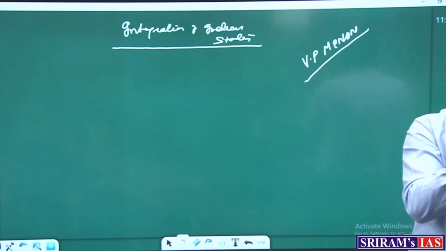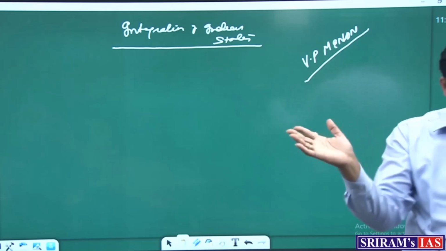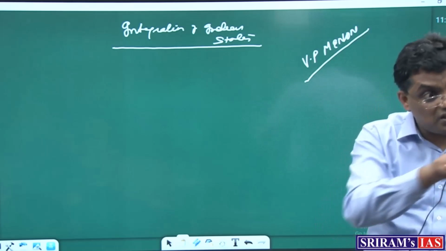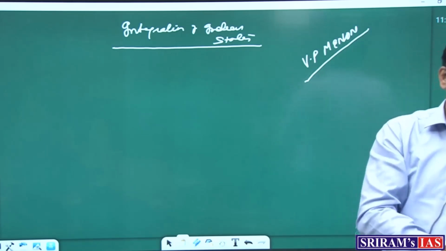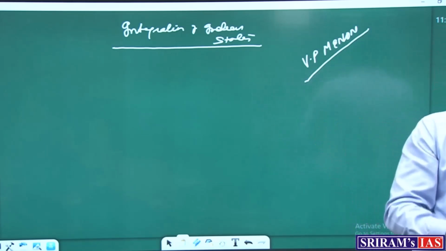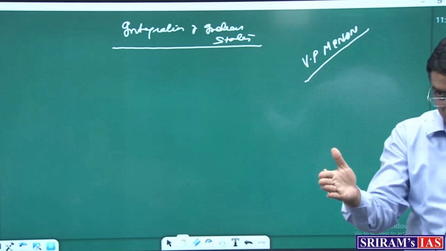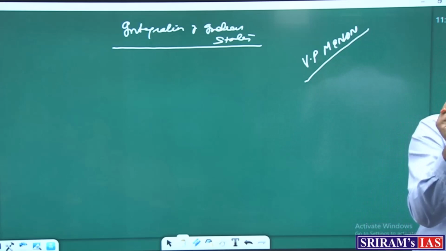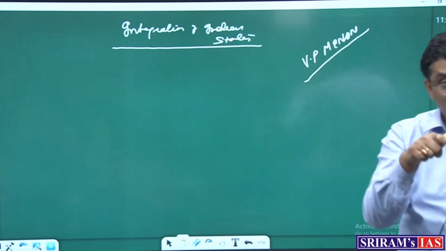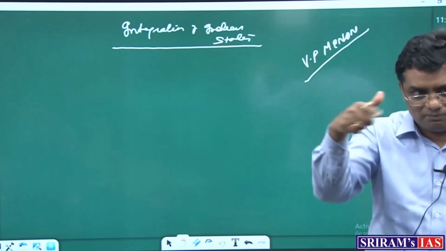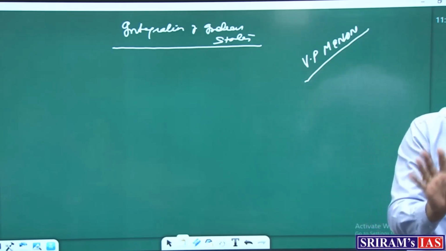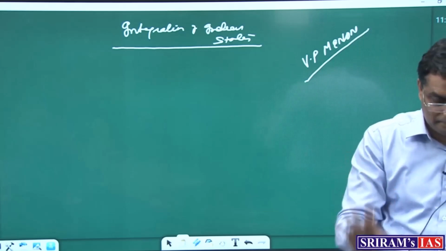Nehru said lapse of paramountcy means the people of the princely state will decide. One person cannot decide the fate of so many. So the difference was very clear. Jinnah was more interested in taking the pulse of the Raja and Nawab, and Nehru was more interested in taking the pulse of what the public is thinking. This is the difference of opinion on the lapse of paramountcy.